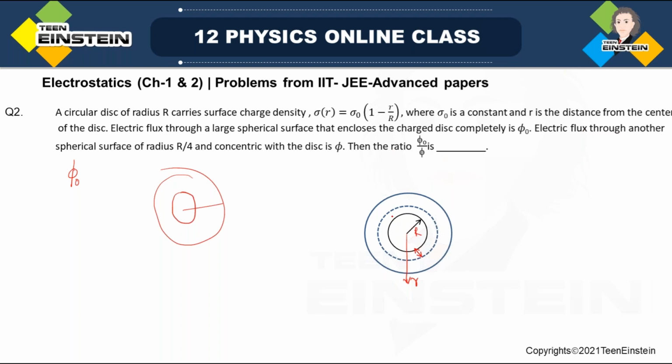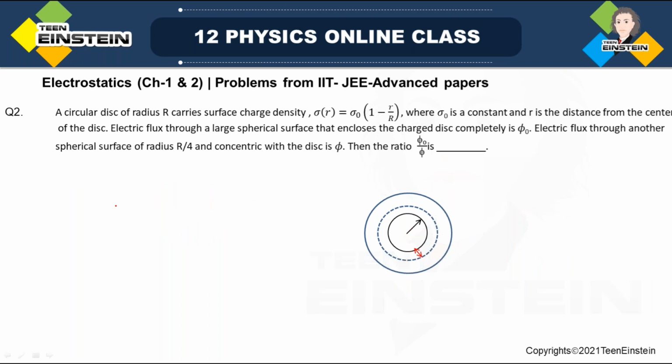So there are two spherical surfaces. One has radius r equal to capital R by 4, and another one has small r, which is much greater than the radius. That means inner point and outer point, that is the main point.